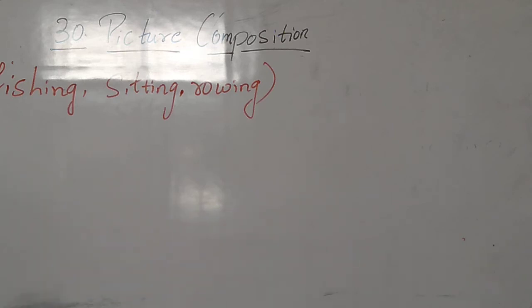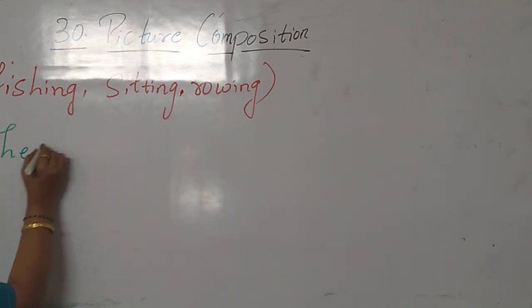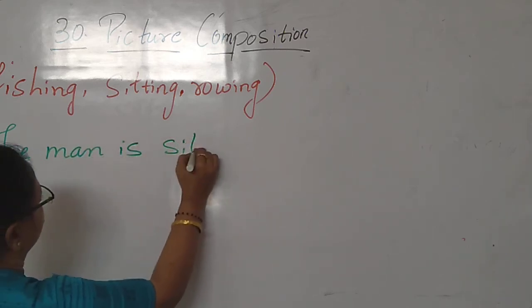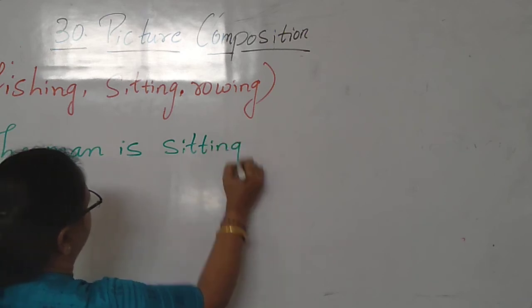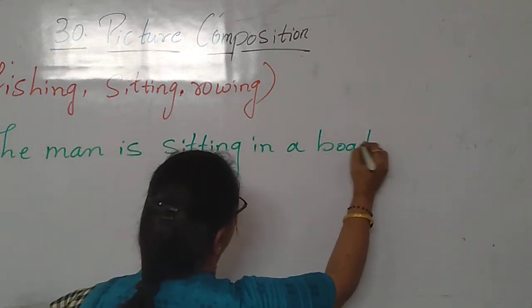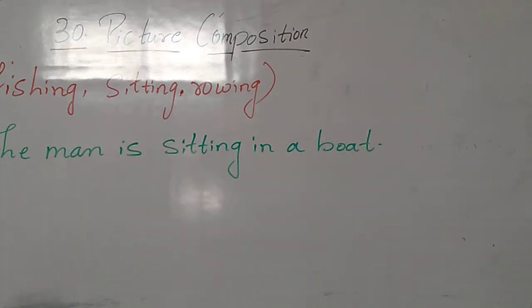You can see the man is sitting in the boat. The man is sitting in a boat. Where is the man sitting, children? The man is sitting in a boat.